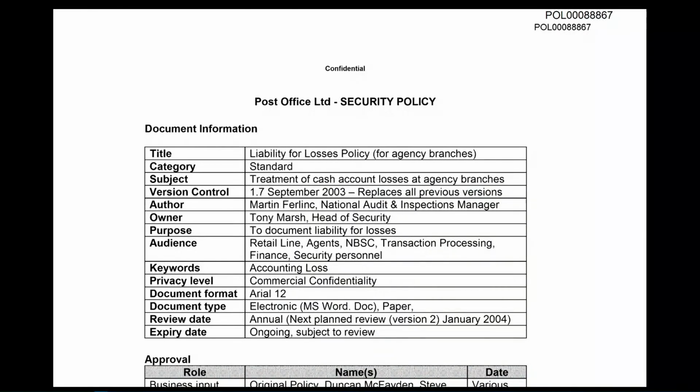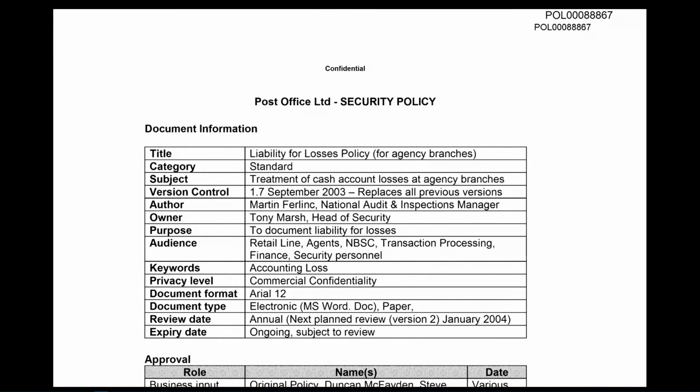Now, earlier in your evidence, you were discussing with Mr. Blake another document that you had dealt with. I'll just put this up on the screen for the moment, just so we identify what it is. Frankie, it's POL 00088867. Right.